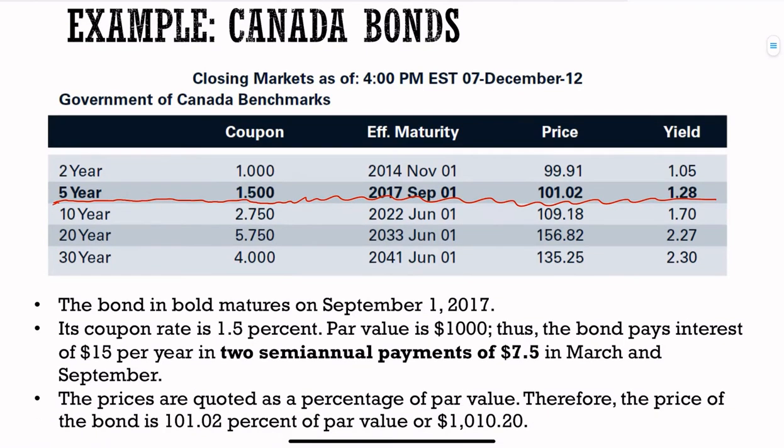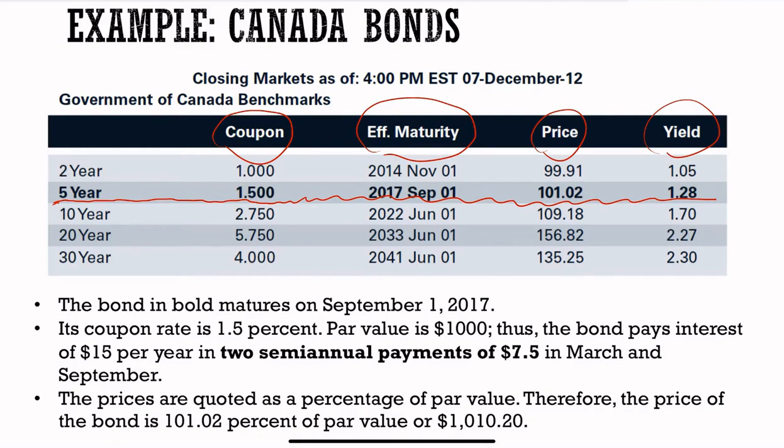Here you can see that it has 4 columns: coupon rate, maturity date, price, and yield. Coupon rate is obvious. And the maturity date means that, for the second bond, on September 1st, 2017, you will get back your money.